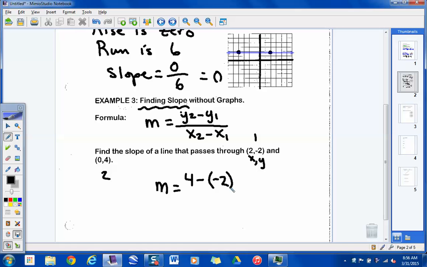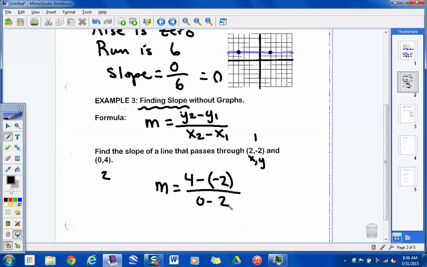With me there? All right. So how about the bottom then? Go to the second point again and plug in the x value. 0 minus my x1. What value is the point 1 x value? Okay, you understand how I've taken these values from those 2 points and plugged them into the formula.